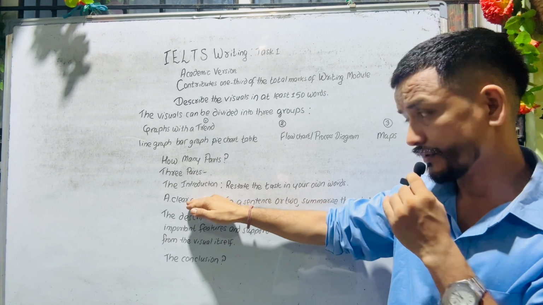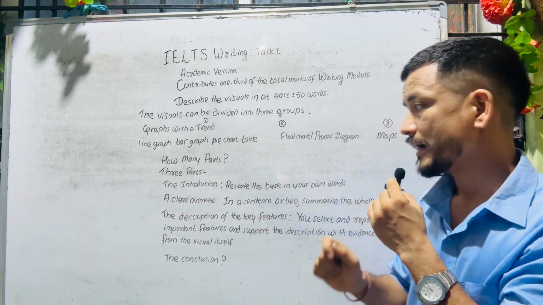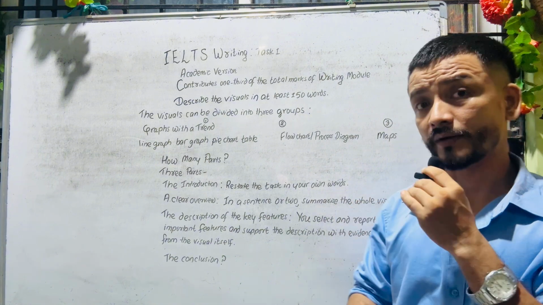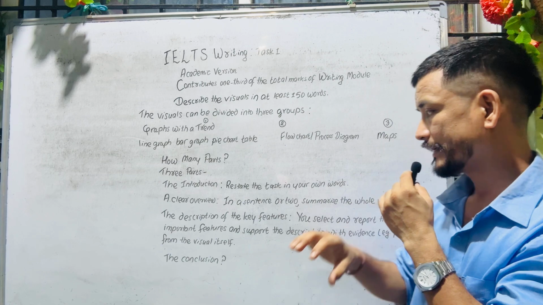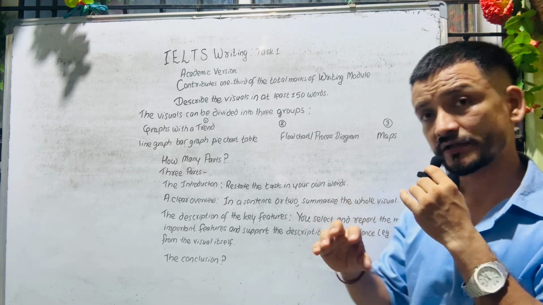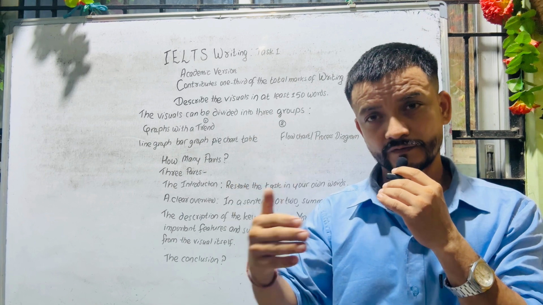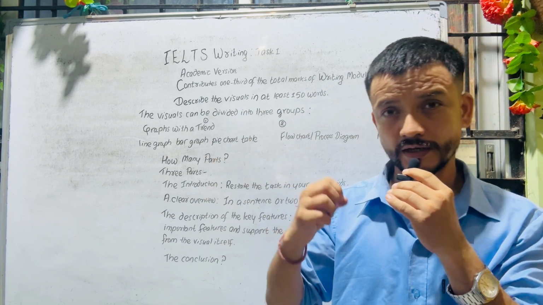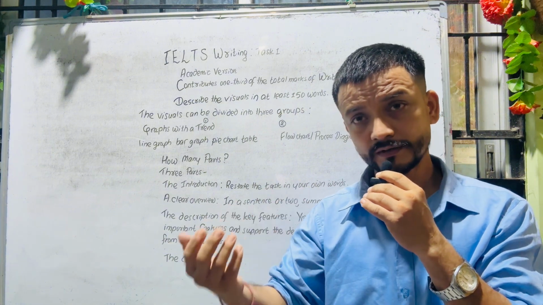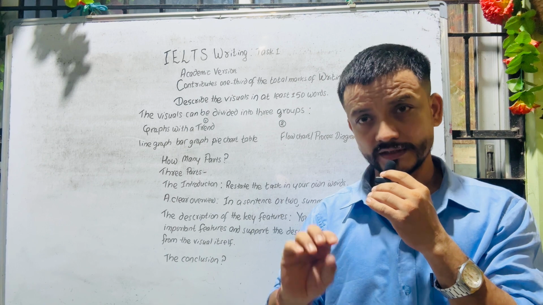Immediately after the introduction, write a clear overview. An overview, by the way, means one sentence or two that clearly summarize the whole visual. It's a bigger picture of the visual, whether line graph or bar chart, pie chart or table, without mentioning any specific features or details.